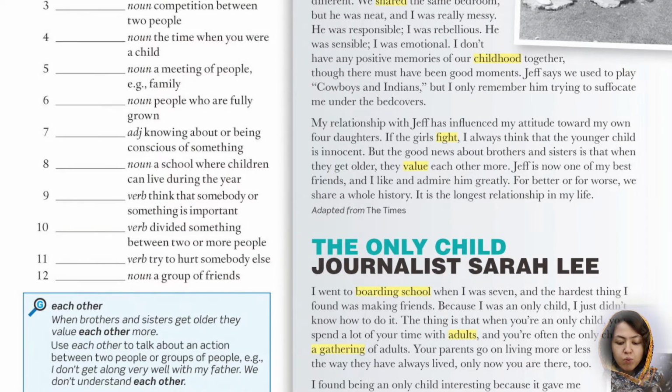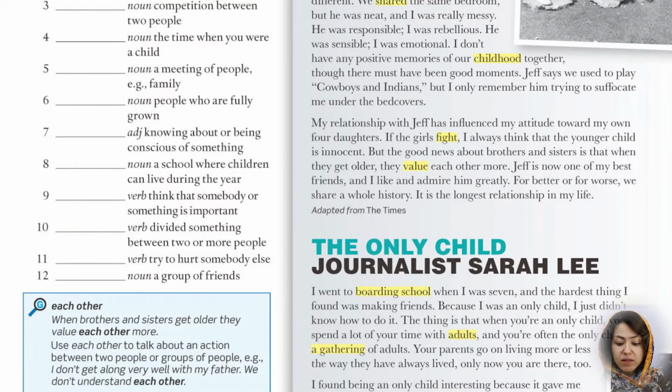My relationship with Jeff has influenced my attitude toward my own four daughters. If the girls fight, I always think that the younger child is innocent. It means not guilty. But the good news about brothers and sisters is that when they get older, they value each other more.